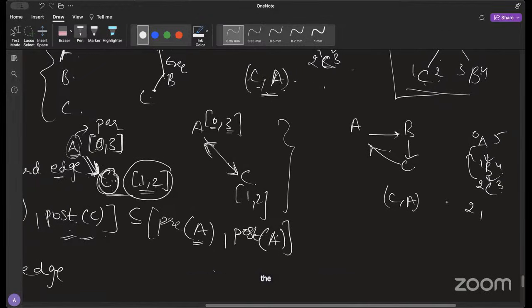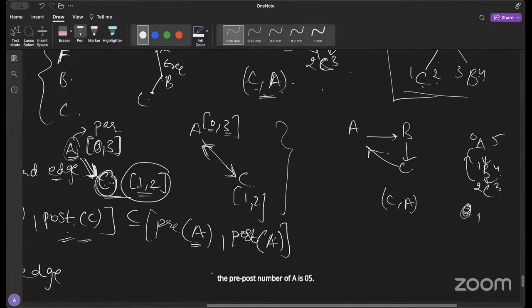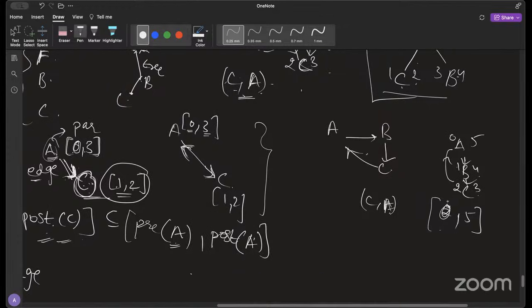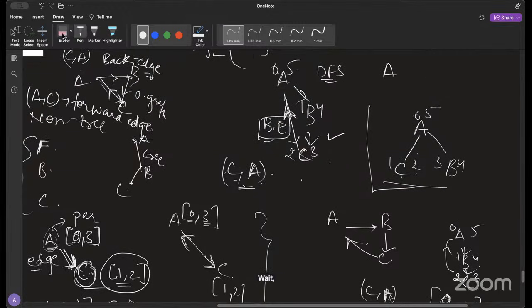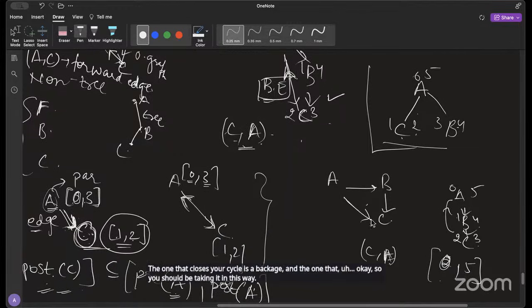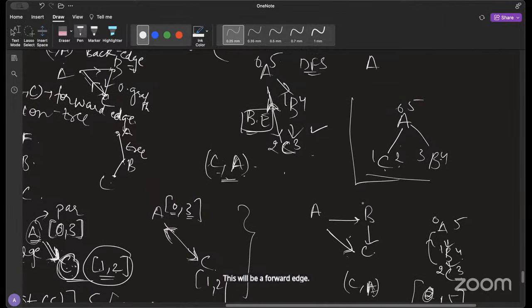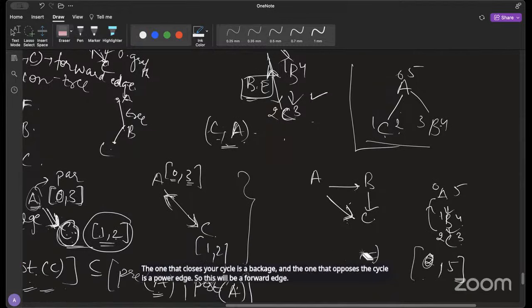The pre-post number of A is 0, 5. Wait, the one that closes your cycle is a back edge, and the one that opposes the cycle is a forward edge. So this will be a forward edge, and you should be taking AC here.